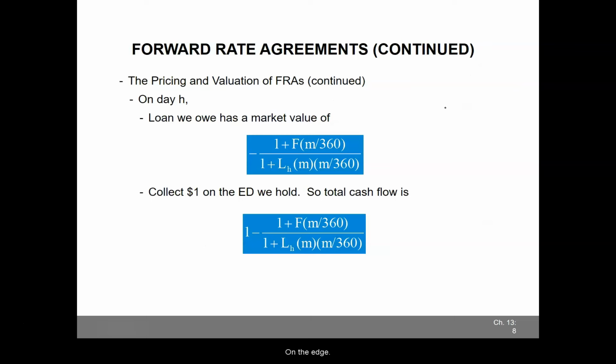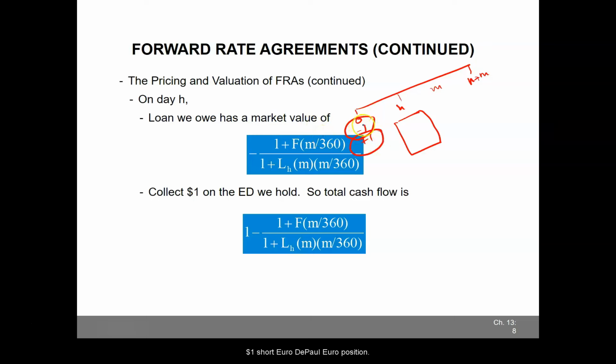Now on day H, if we just draw the line, this is where the contracts were initiated, minus $1 and plus $1, the positions, and then we have H here and H plus M here, and remember this is M. So we are now here at H. So on day H, we will have the $1 short position, this one, and the $1 euro deposit position.